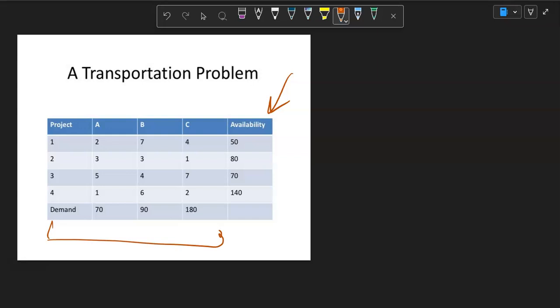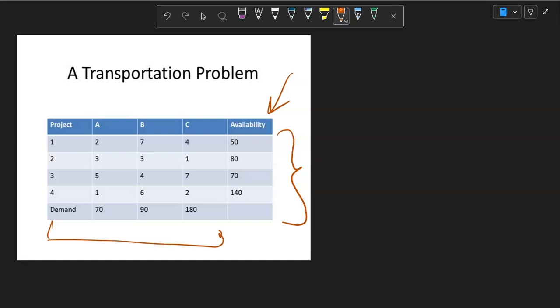Okay, so you have 70, 90, and 180 as your demand, and basically 1, 2, 3, 4. Having those particular digits on the other end, 50, 80, 70, and 140 are your supplies. So basically, supply center 1 can distribute to A, B, C, and supply 2 can distribute to A, B, C, D, and the like.